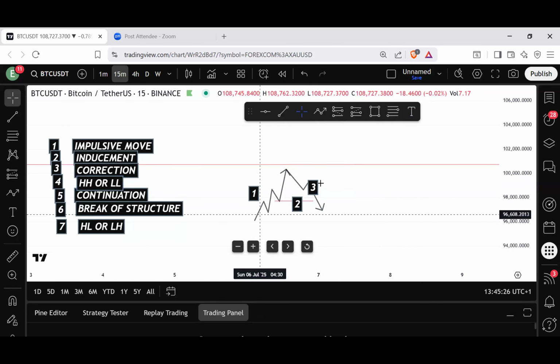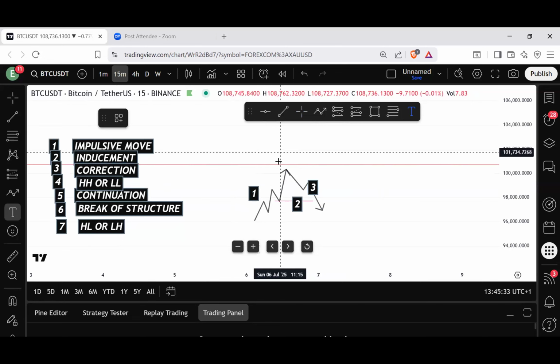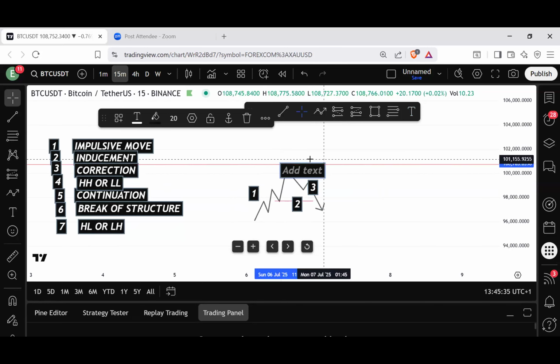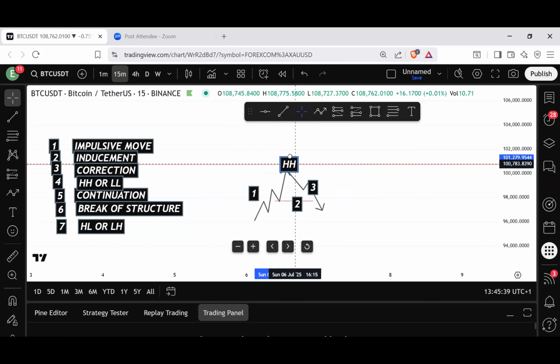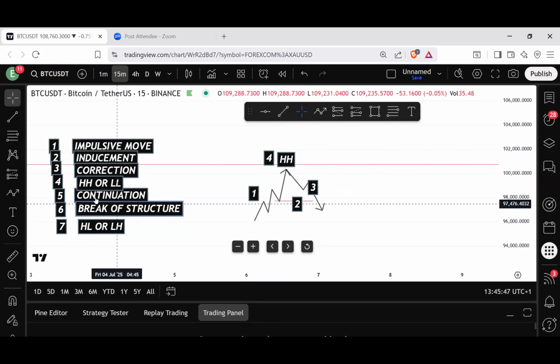So this is uptrend. So the high, higher high is right here. So put the higher high, and that's number four. And number five is continuation.